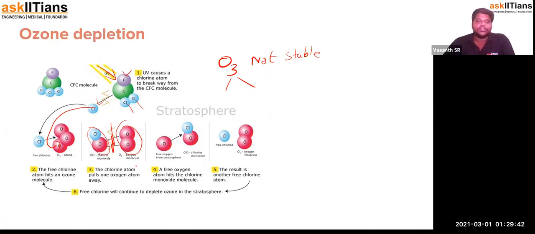So what actually happens is that the free chlorine atoms destroy the O3 molecules, resulting in destruction of the ozone layer. That results in a complete exposure of the Earth's atmosphere to the harmful radiation called UV radiation.